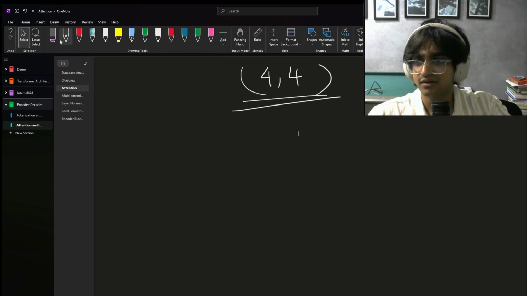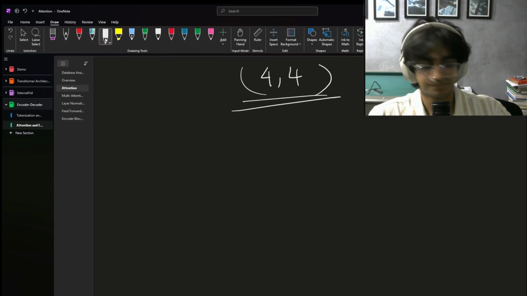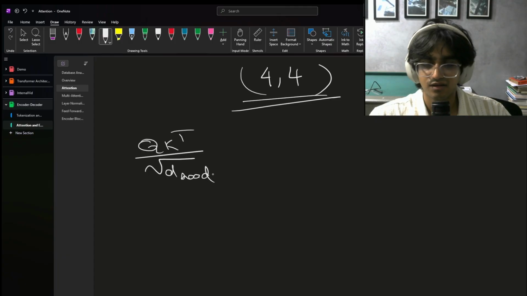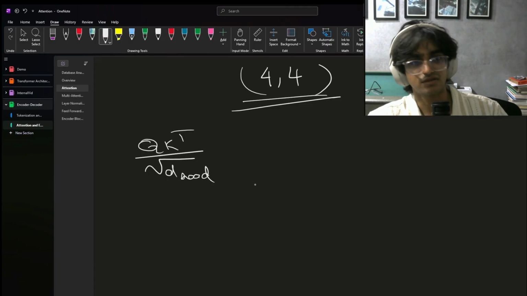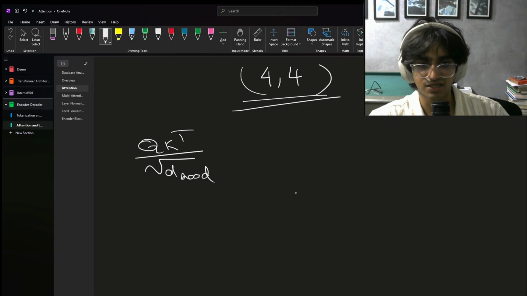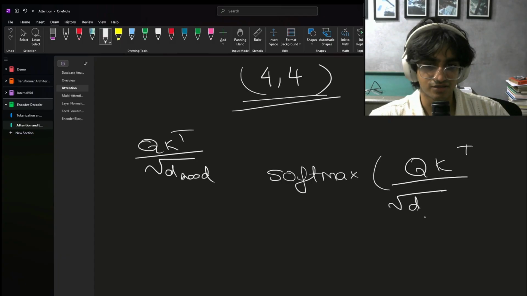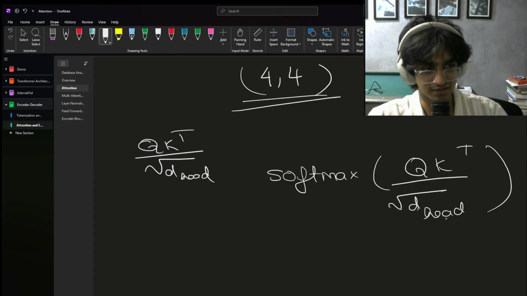Now that we've got our similarity score, which is just QK transpose divided by root of dimension of your head, to get the coefficients to sum up to 1, we simply take the softmax of this. So we take softmax of QK transpose over square root of the dimension of your head. And here we've got the coefficients.